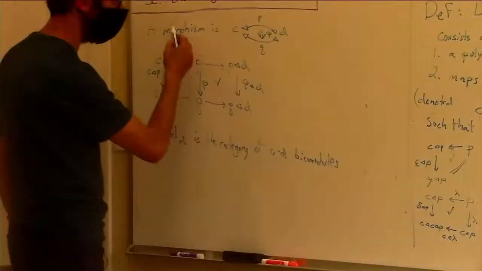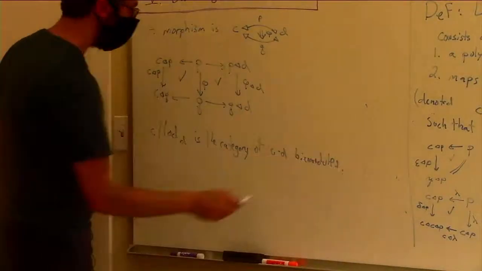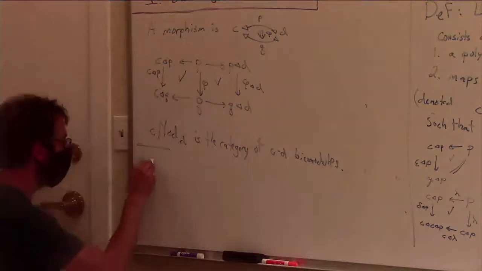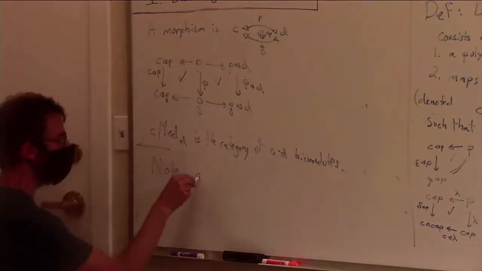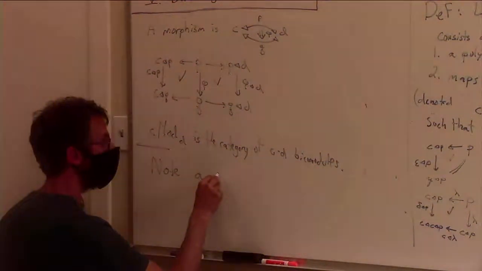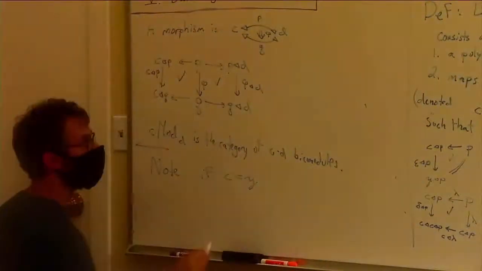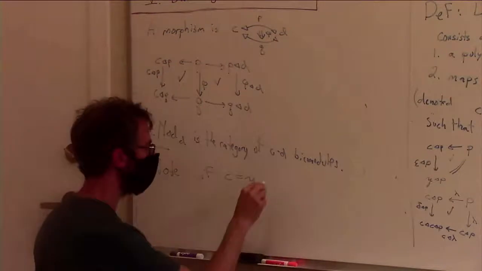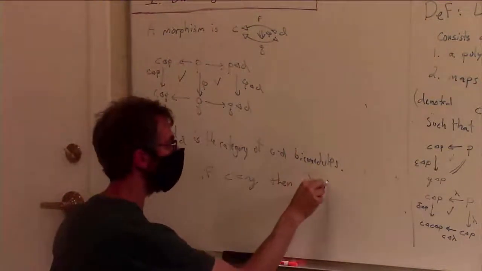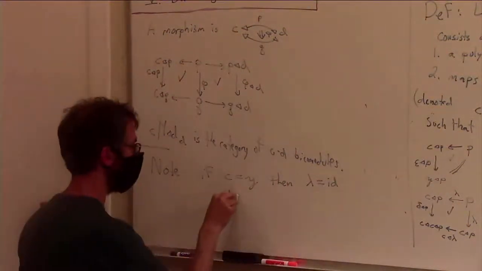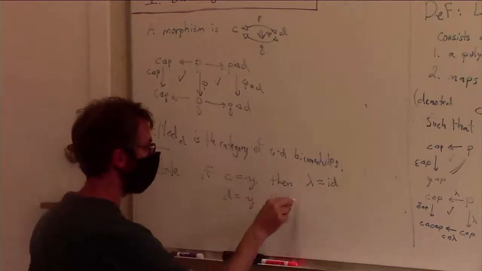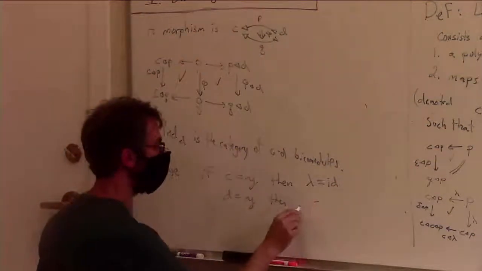But I want to make one quick note. Note A, if C is Y, then lambda is identity, or if D is Y, and rho is identity.